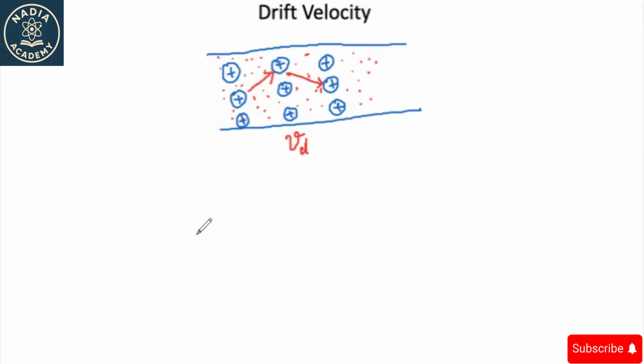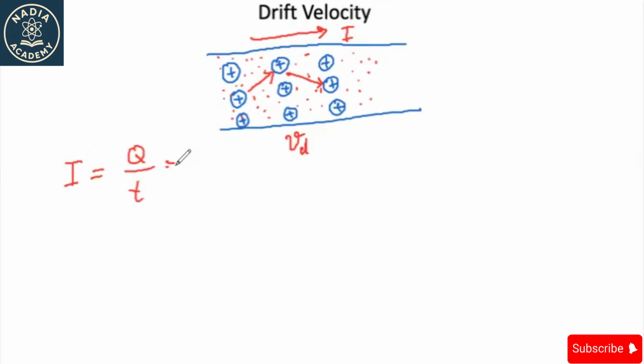How can we understand or formulate the drift velocity? Let's consider that a current I is passing through this conductor when we apply some voltage across this conducting wire. Then we know that the current is equal to the charge divided by the time.